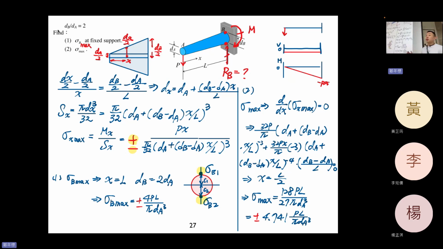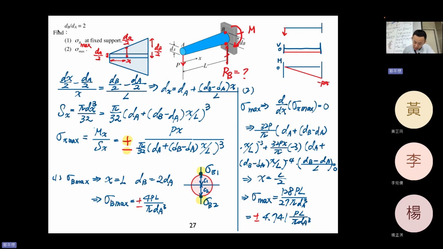Okay, that's it. So you can see that the moment appears at the end, because the cross-section area is changing. So the section modulus is also changing. So if you want to find the maximum shear stress, maximum normal stress, you need to do the calculations. Okay, that's a little bit complicated.